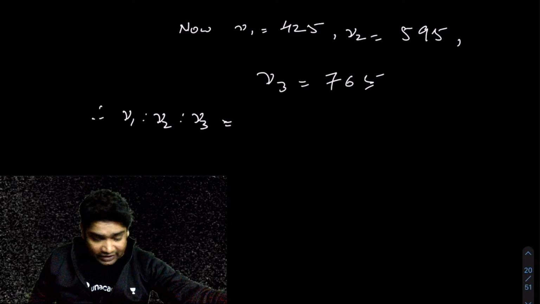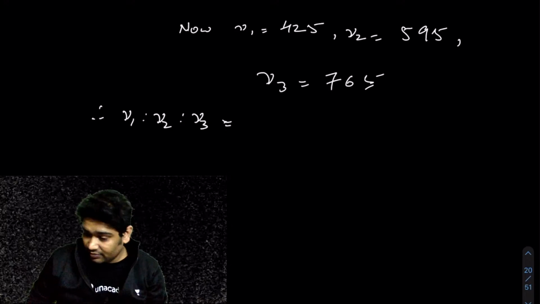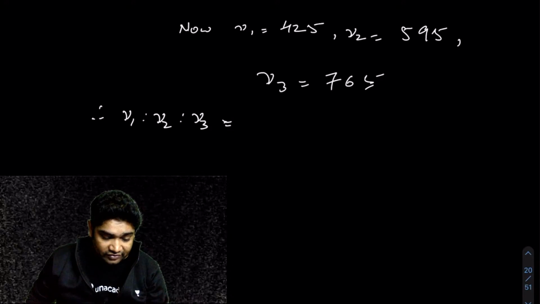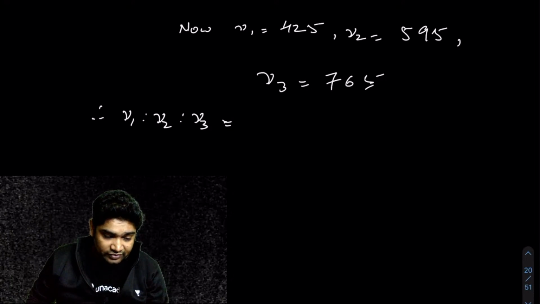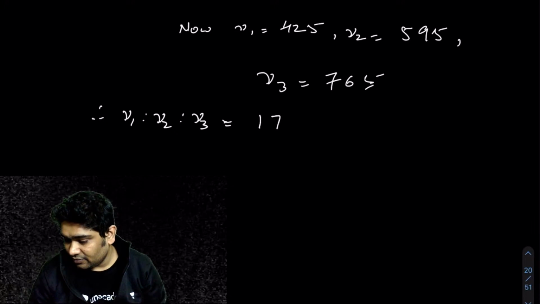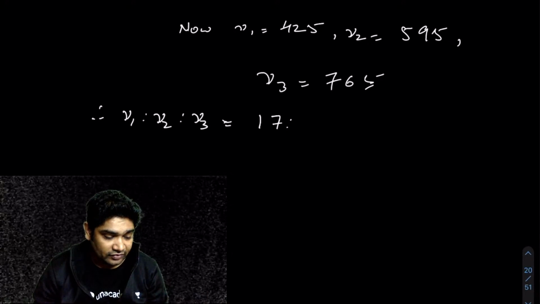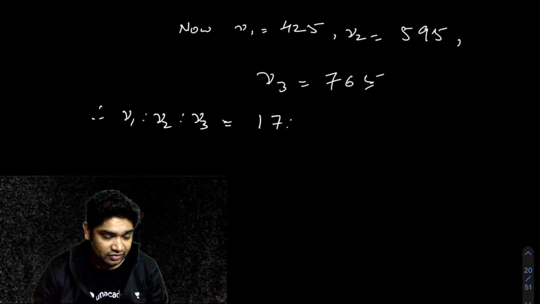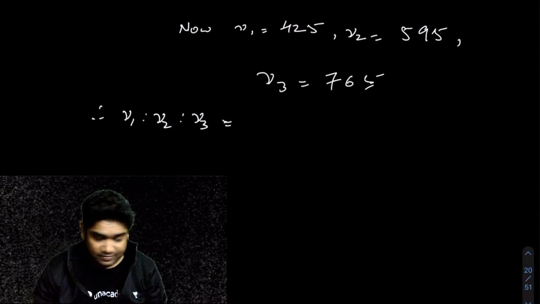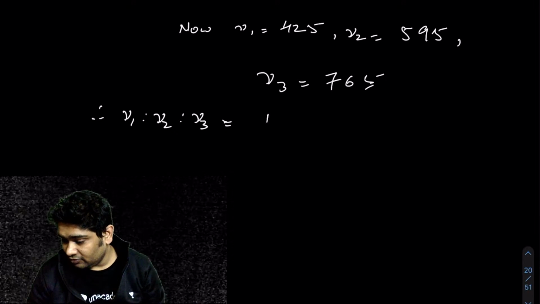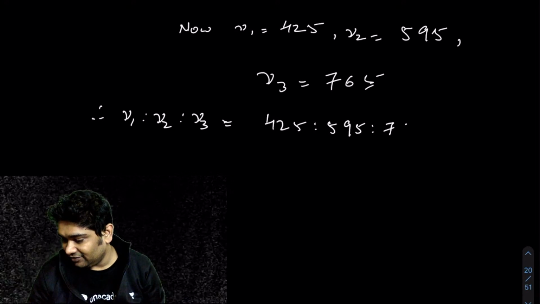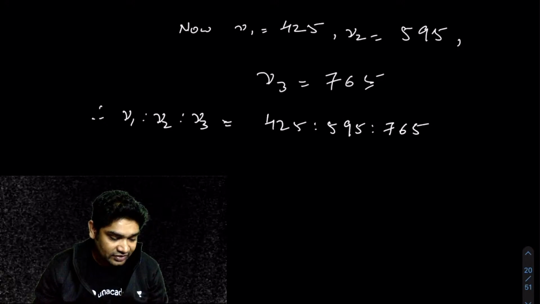So if I had to find the ratios, let's see. 425 is to 595 is to 765. Not getting the exact ratio here. Let's see if we divide them by 5.